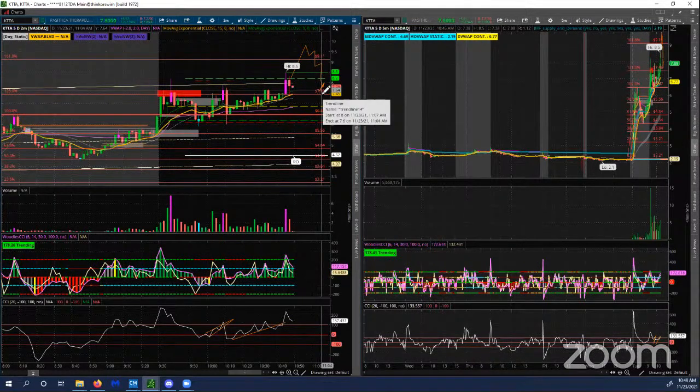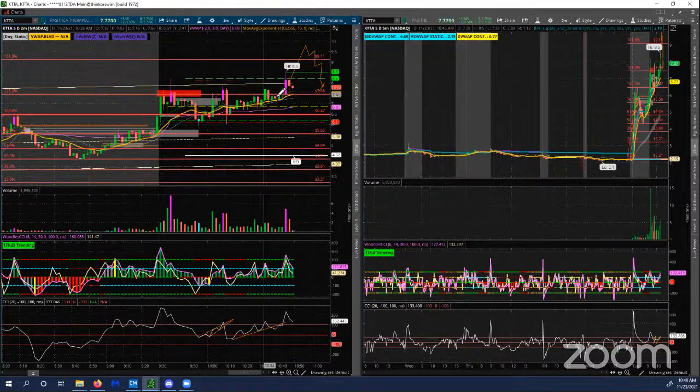But right now that wick close is nice and all, but I need a little bit more confirmation than just one pop up and hold.